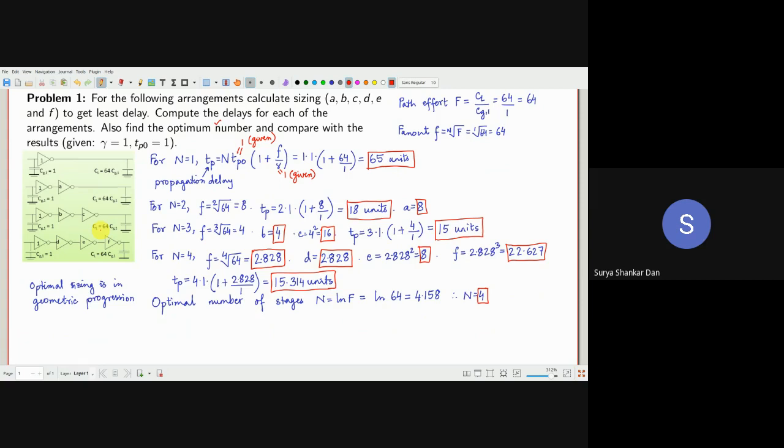So for minimizing, there are 2 things to consider. If you go on increasing the sizing, what will happen? Your currents increase. So you might think that currents increase means resistance is decreasing. So what we understand is that R will decrease if you make the particular inverter larger, W by L ratio. So if you are making an inverter size larger, what will happen?